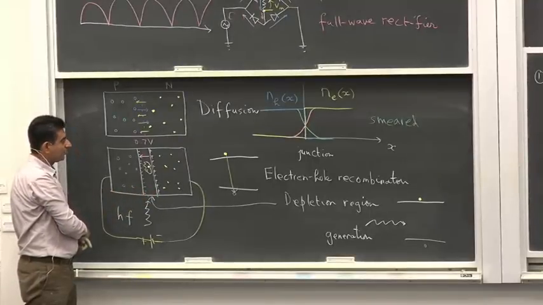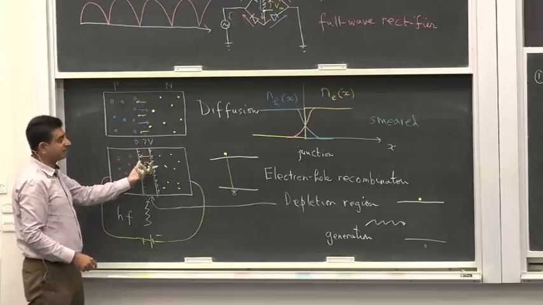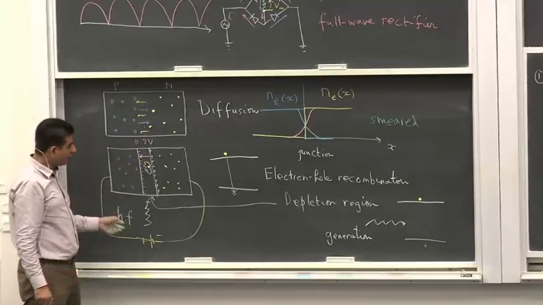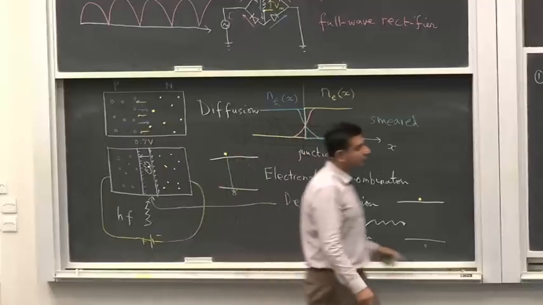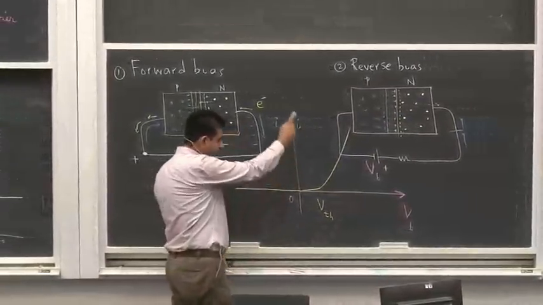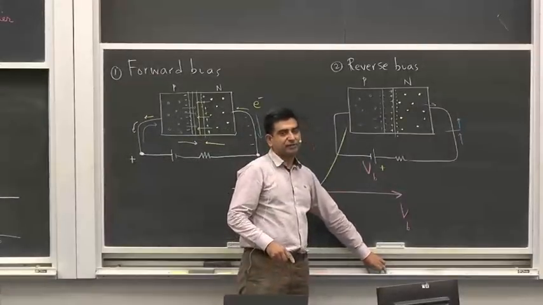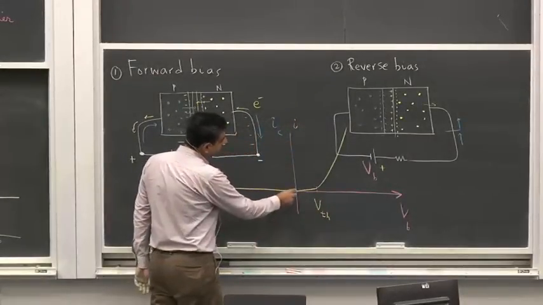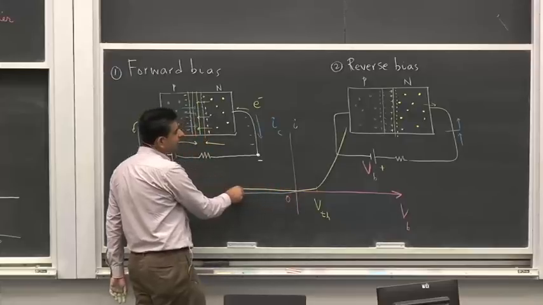So you have to overcome this voltage in order for the current to flow, and that's why you have a threshold voltage here. And then the current goes up. This is also because of statistical mechanics, but I'm not going to explain this. But in the reverse bias condition, a small current does leak through.